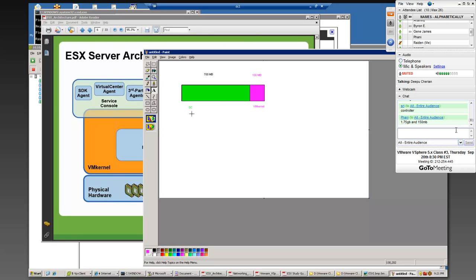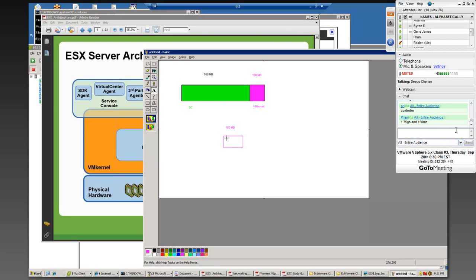Now, what is the size of an ESXi server? An ESXi server is only this much. Probably, like Fanny said, 150 MB. It is not a little more than that. So what is the difference here?